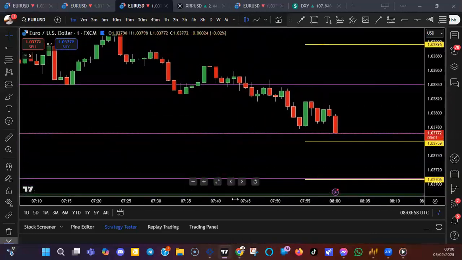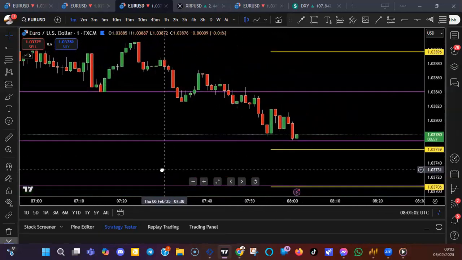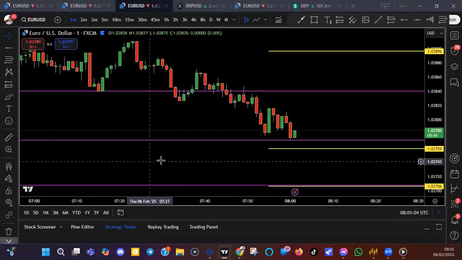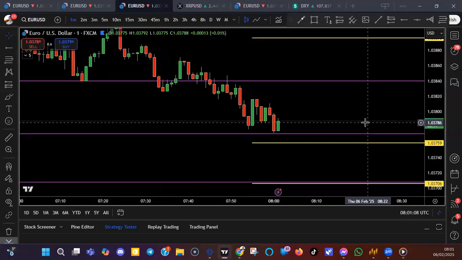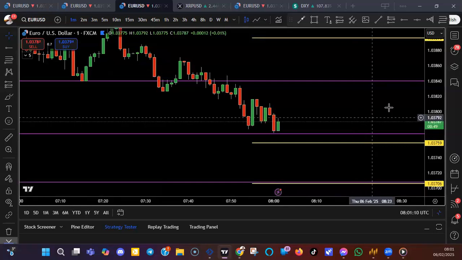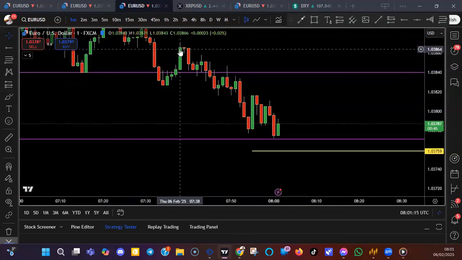And see what we can see here. I don't usually draw trend lines.